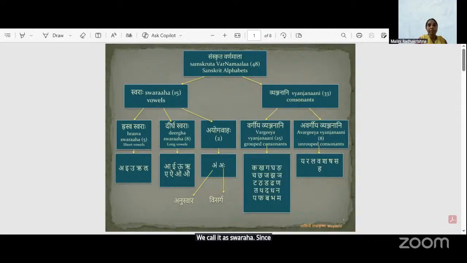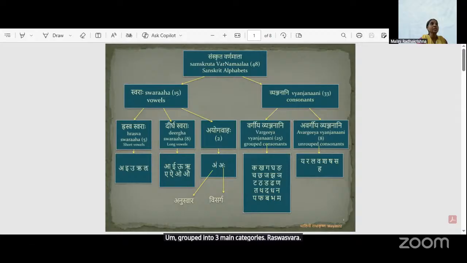Since we have 15 vowels, we call them Swaraha, plural. The second main classification is Vyanjanani, or consonants. We have 33 consonants.